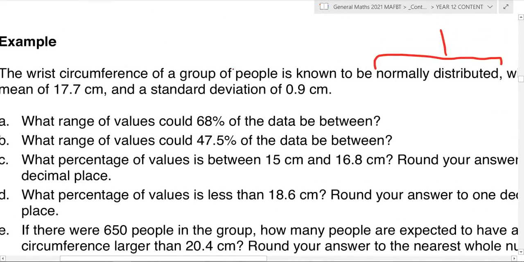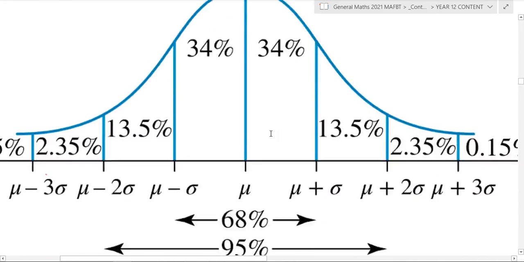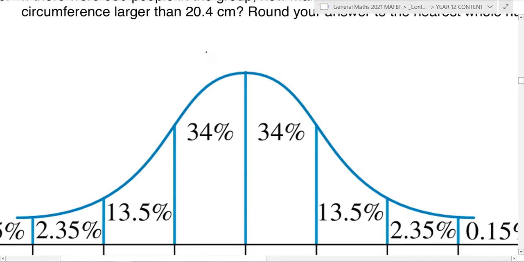And I know that the mean is 17.7 and 1 standard deviation is 0.9 from that mean. So the middle here, the mean, is going to be 17.7. So there's my starting point. 1 standard deviation away is going to be 0.9. Now this is 1 standard deviation above, so this is going to be 18.6 because I've added 0.9.